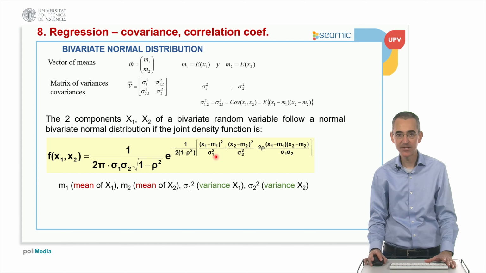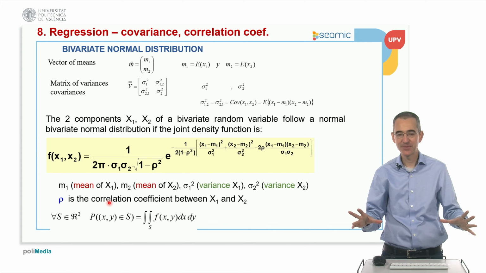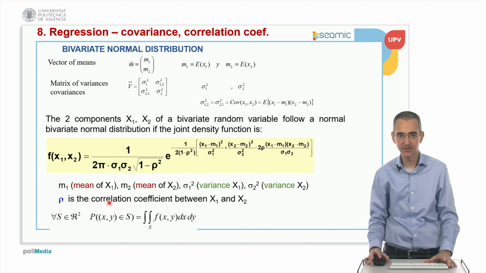Also here we have the variances, the variance of the first and the variance of the second, and we also need the correlation coefficient between them. So in total we need 1, 2, 3, 4, and 5. So we need 5 parameters to define this kind of model.